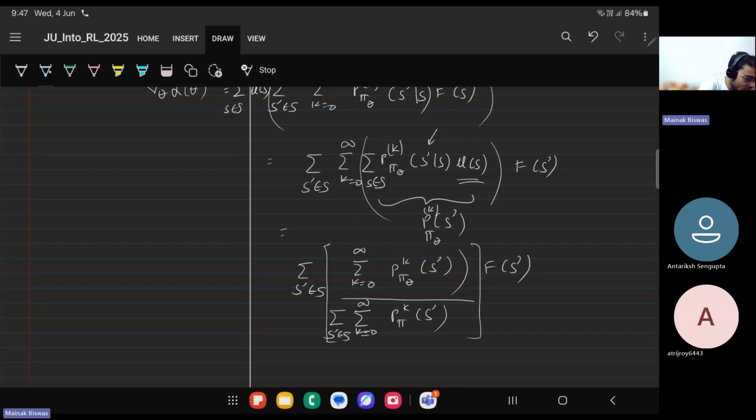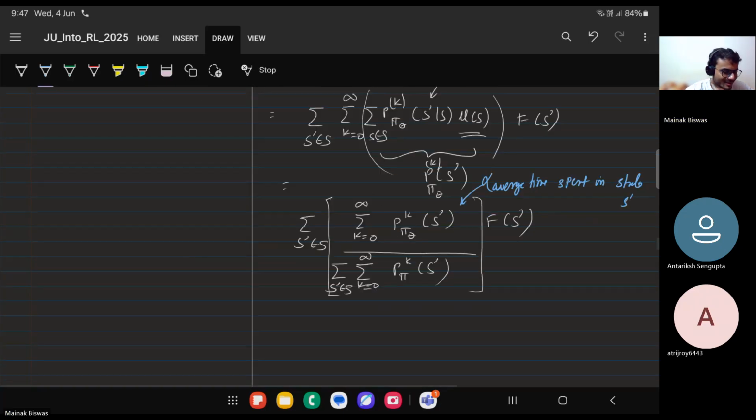The numerator is proportional to the average time spent in state S dash, because it's the sum of probabilities of S dash. And if I divide by the total, then it is what distribution?